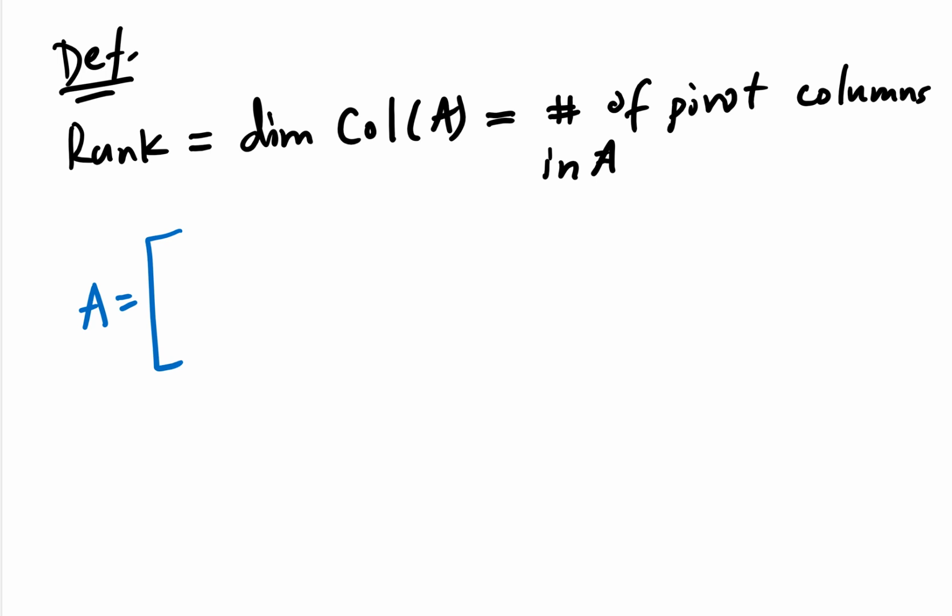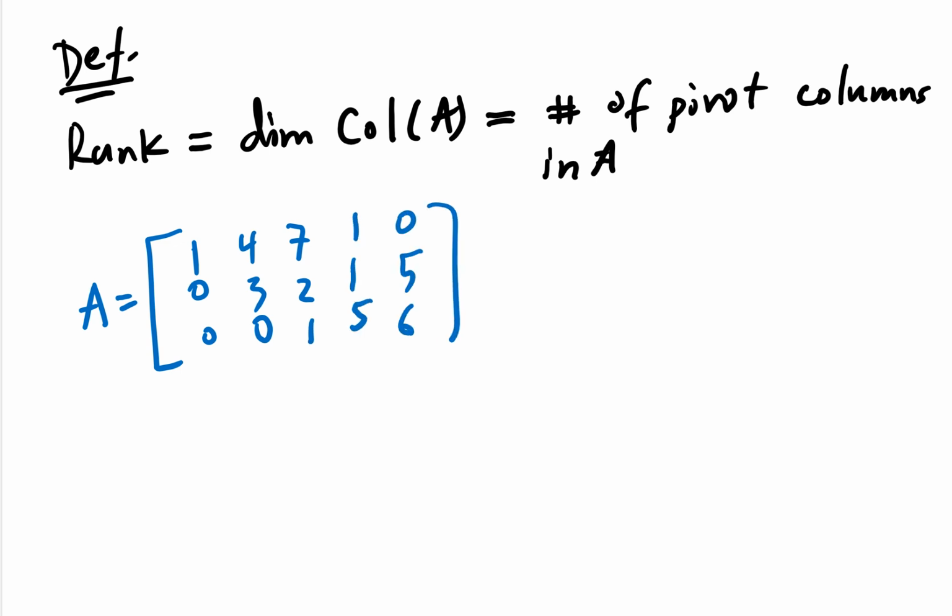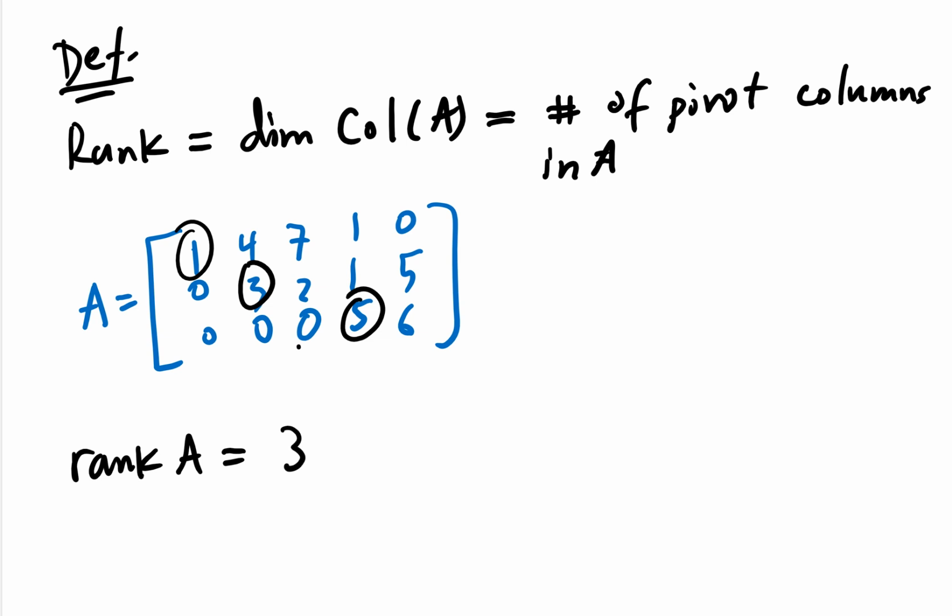So what we do is, let's say we have a matrix like this in echelon form. Then what do we do? We have a pivot here, pivot, and a pivot. Actually, wait, let me make this 0. So rank of A is 3.